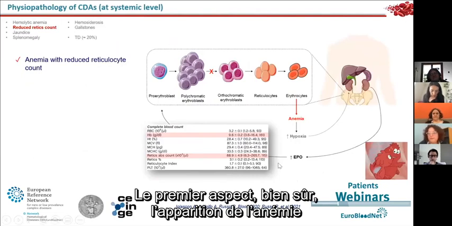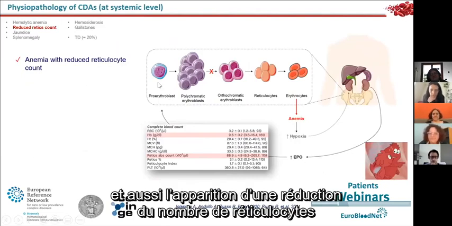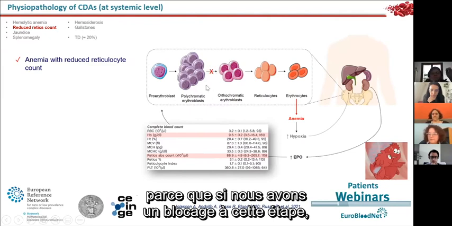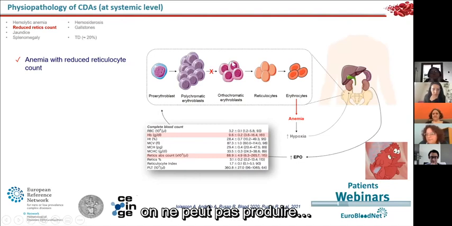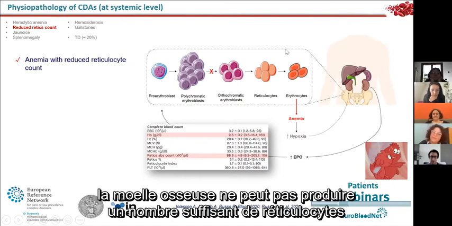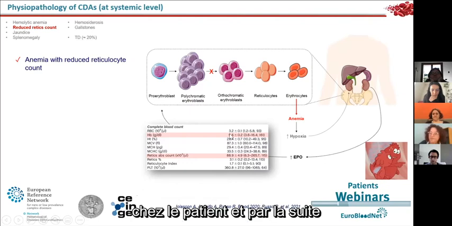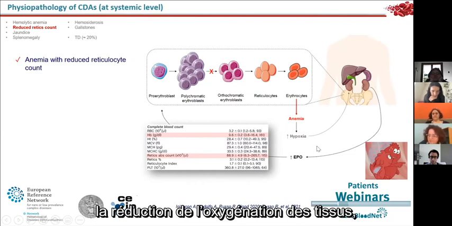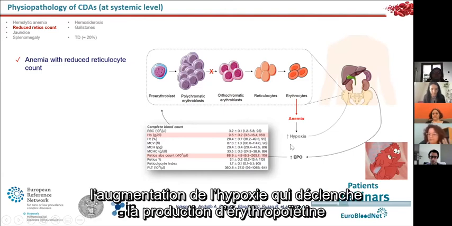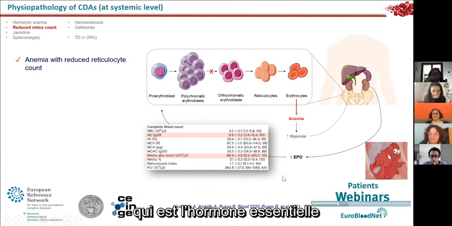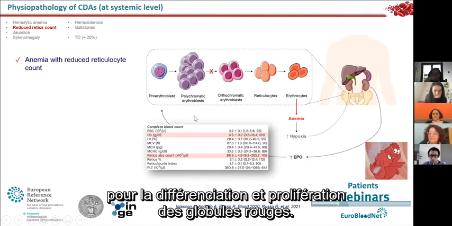The first aspect, of course, is the occurrence of anemia, and also the occurrence of reduced reticulocyte count, because if we have a block in this step, the bone marrow cannot produce an adequate number of reticulocytes, and this accounts for a reduction of hemoglobin level in the patient, and subsequently reduced oxygenation of the tissues, so increased hypoxia, that triggers the production of erythropoietin, that is the hormone essential for the differentiation and proliferation of the red blood cells.